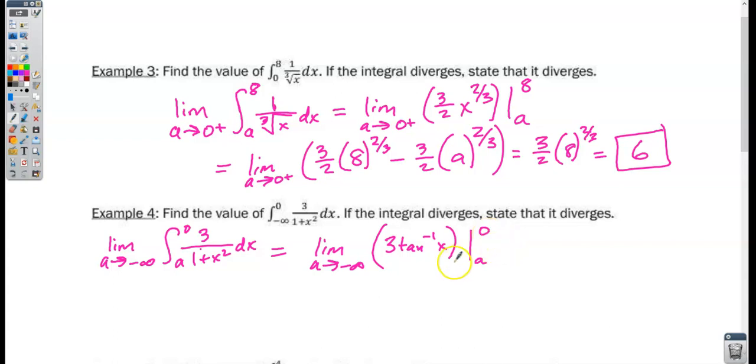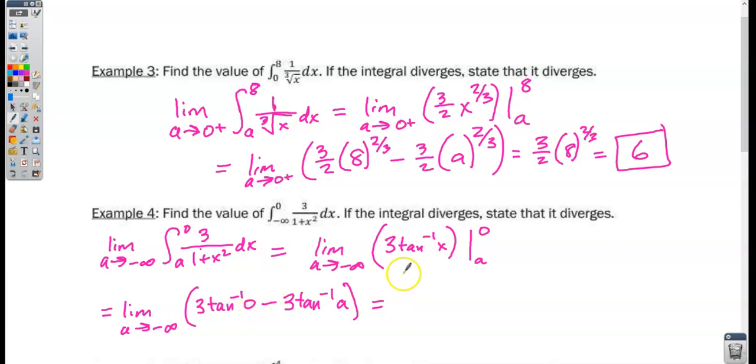And so this is equal to the limit as a approaches negative infinity of 3 arctangent of 0 minus 3 arctangent of a. Okay, so 3 arctangent of 0. The arctangent of 0, where is the tangent of an angle equal to 0? That happens at 0.